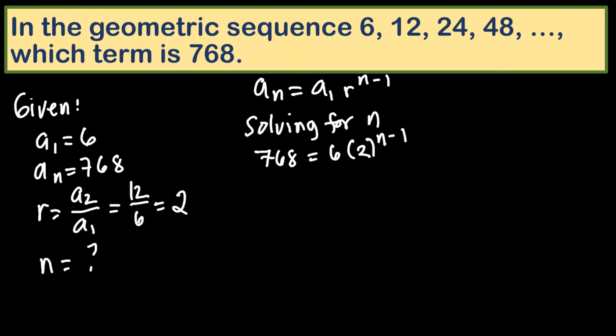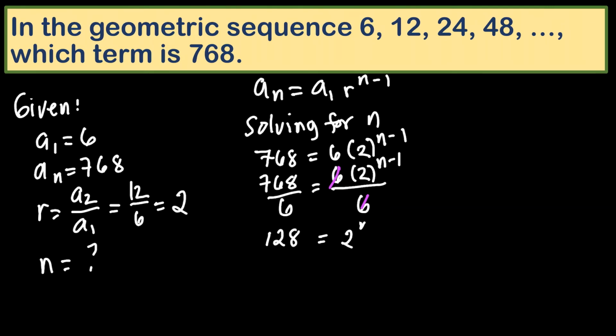Now simplifying this, we are going to divide both sides by 6. So 768 divided by 6, and 6 times 2 raised to n minus 1 over 6. 768 divided by 6 will give us 128. So 128 equals 2 raised to n minus 1.